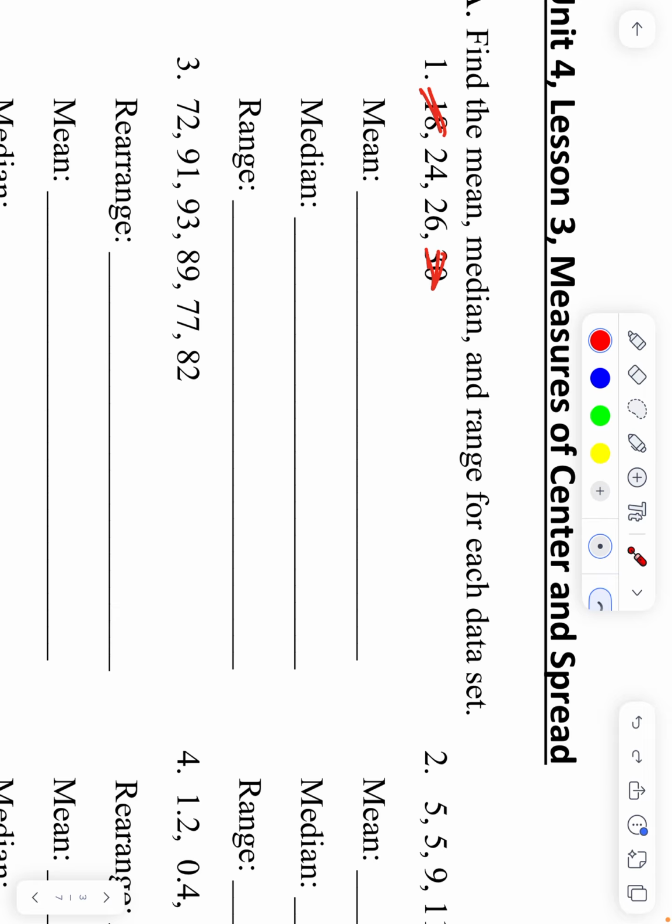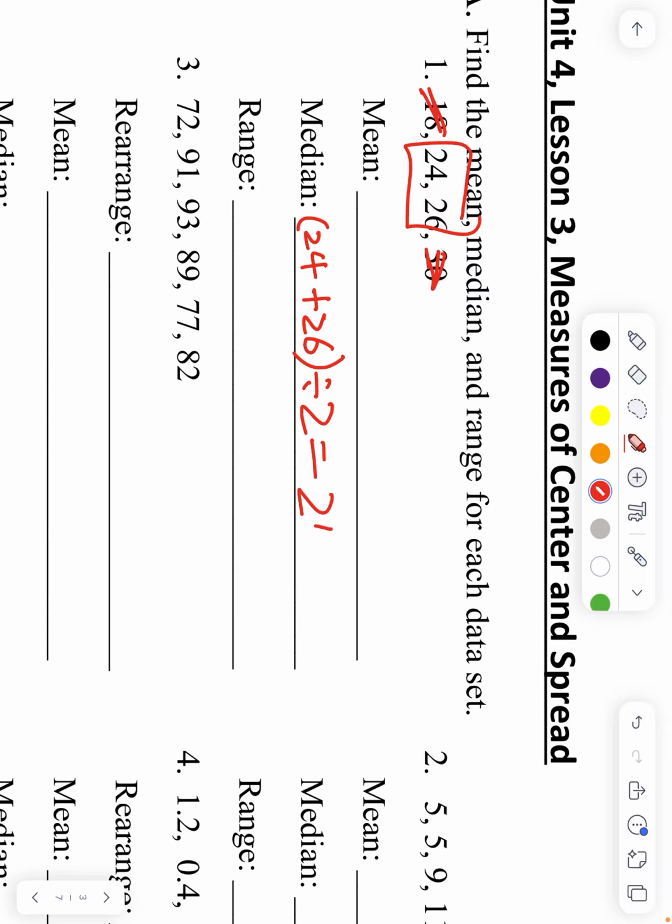We find the average of these 2 numbers. The median is 24 plus 26, divided by 2. This is 50, so 25. The number between 24 and 26 is 25.